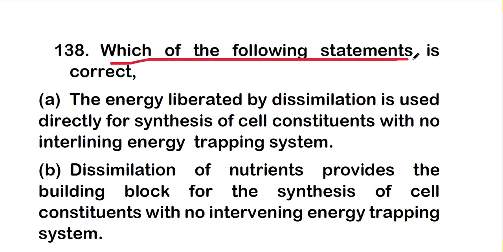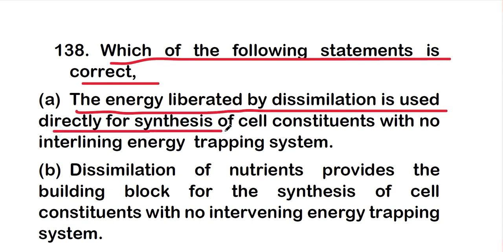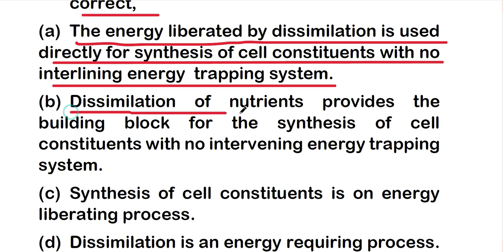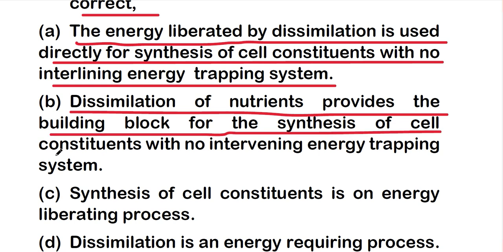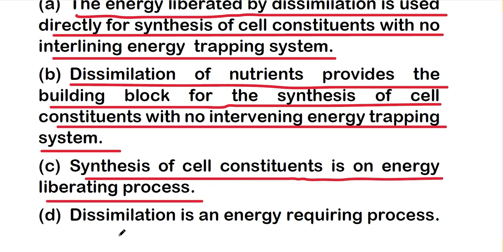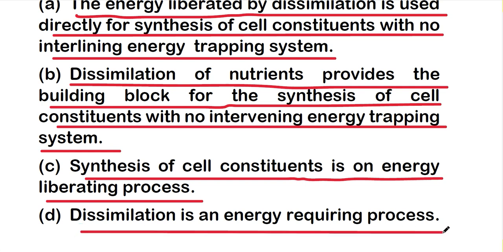Which of the following statements is correct? Option A, the energy liberation by dissimilation is used directly for synthesis of cell constituents with no intervening energy trapping system; option B, dissimilation of nutrients provides the building blocks for the synthesis of cell constituents with no intervening energy trapping system; option C, synthesis of cell constituents is no energy liberating process; or option D, dissimilation is an energy requiring process.